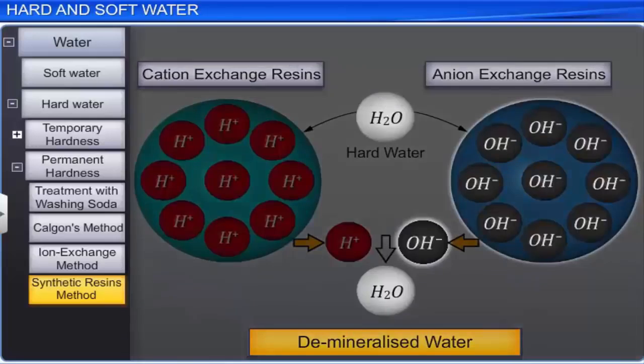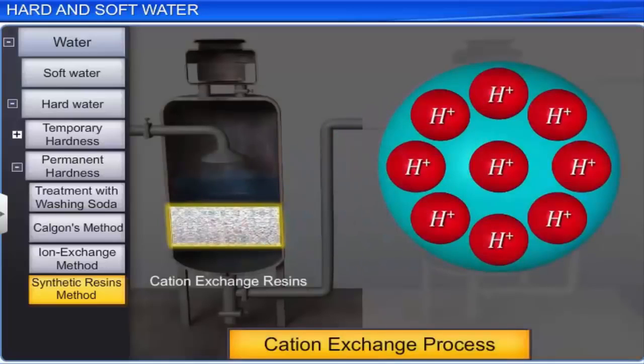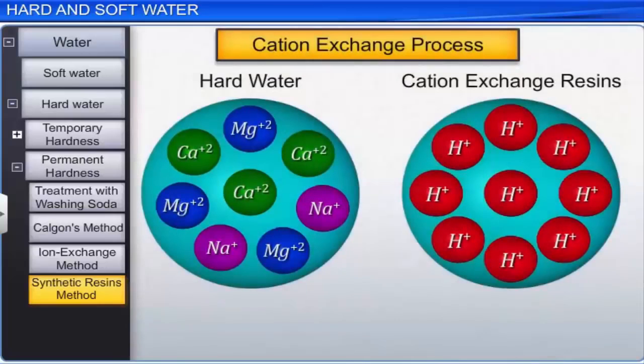In the cation exchange process, the H+ ions in RCOO-H+ are exchanged with sodium, calcium and magnesium ions present in the hard water.